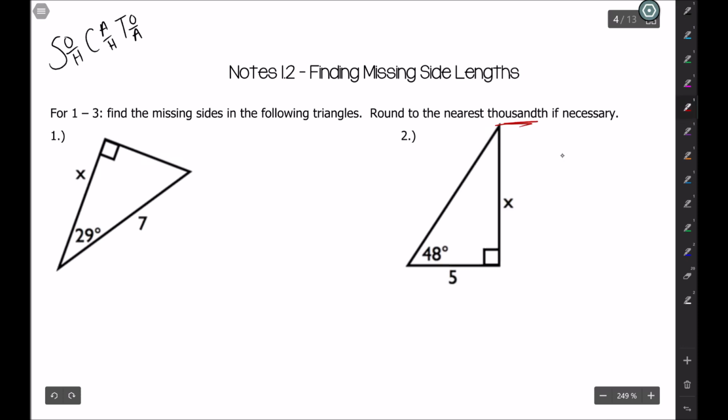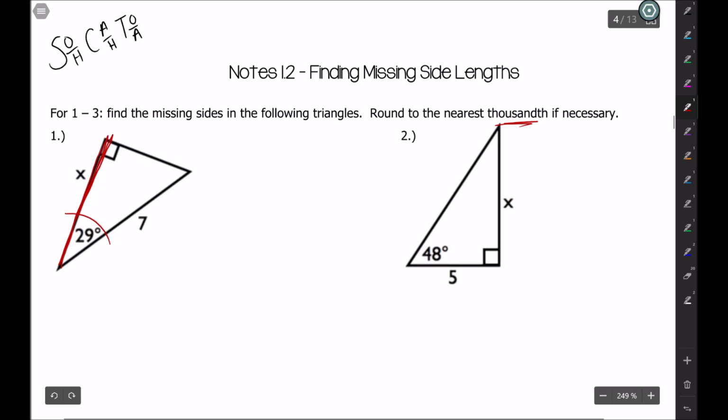So if you take a look at question number 1, you have an angle that's 29 degrees, and we want to find out how big side X is. We have to identify whether this side is opposite, adjacent, or hypotenuse. It can't be the hypotenuse because the hypotenuse is always across from the right angle, and it's not opposite because it's not across from the angle.